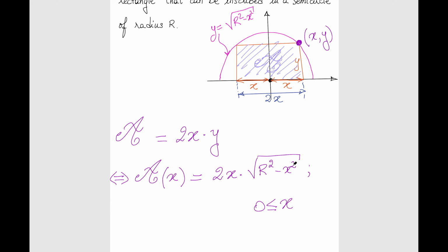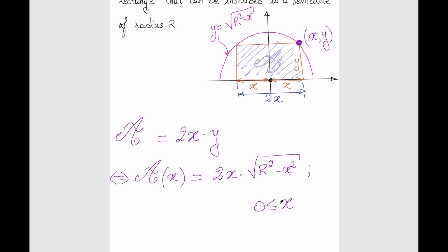And x should be chosen so that this radicand cannot be negative, right? Because if the radicand is negative, the square root doesn't make sense, and hence the area function isn't meaningful. So if you try to understand when r squared minus x squared is non-negative, that happens when x is between minus r and r, correct?